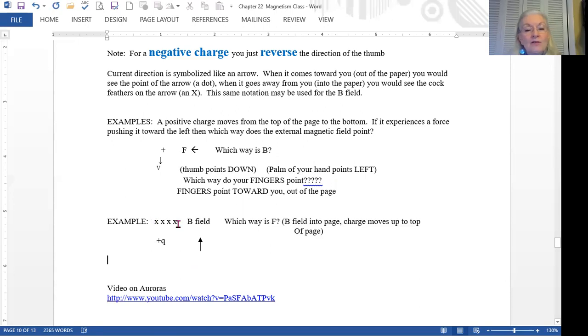So your fingers point into the paper. That's the B field. What else do we know? So the charge moves up. That means your thumb points up.